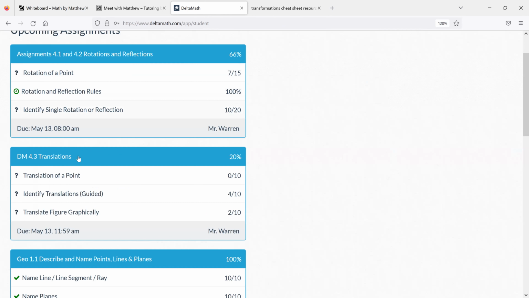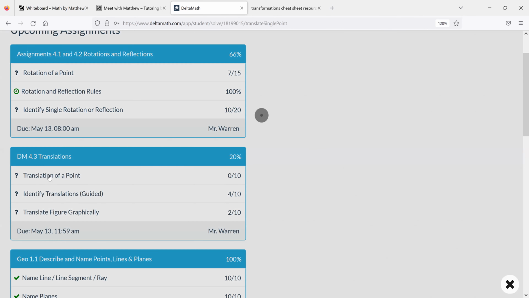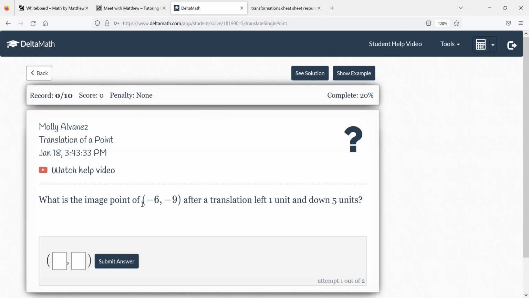Your choice here. We got time to do more, whatever you want. Translation of a point. Okay, so for the translation of a point, if it's going left, that affects the x value. The x value going left 1 means you subtract 1 from the x value. What would that be? 5. That would be if you're going right.